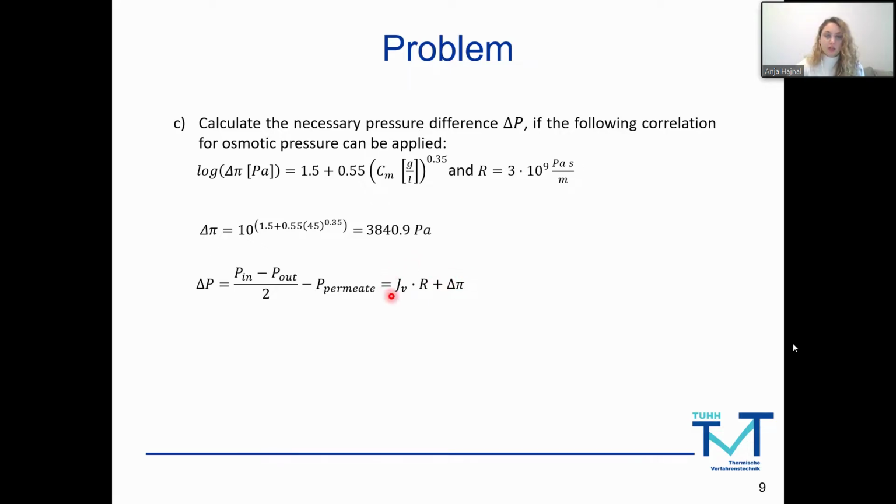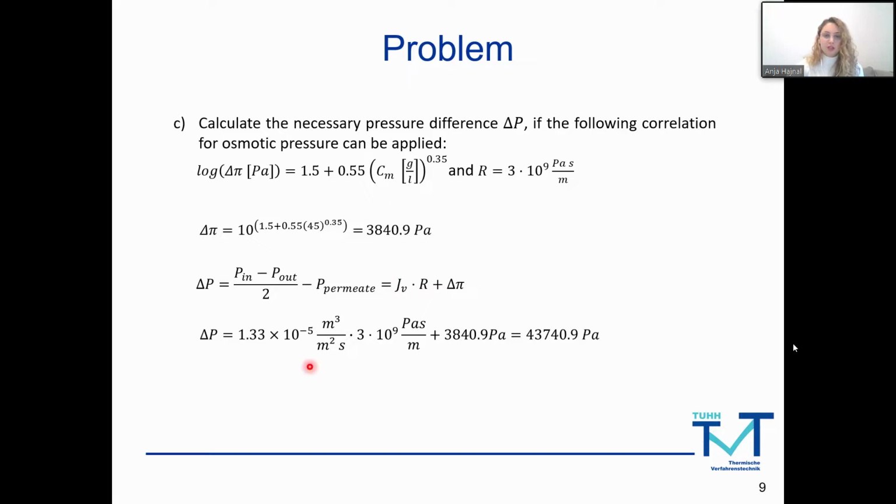This is also equal to the flux times the membrane resistance plus the delta pi, which is the osmotic pressure. So our total pressure difference across the membrane is, so we use this right side of the equation.